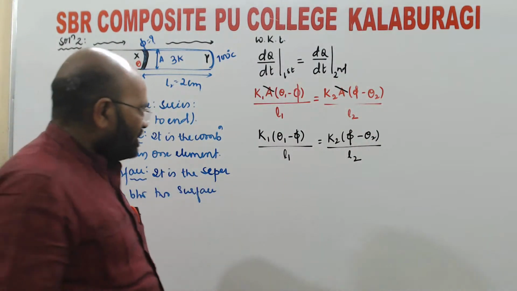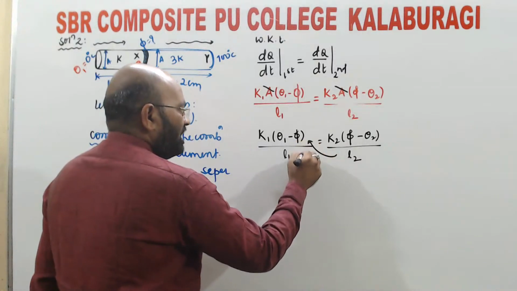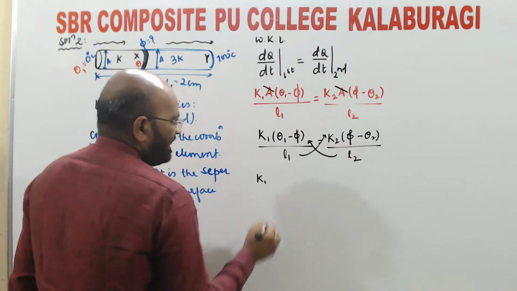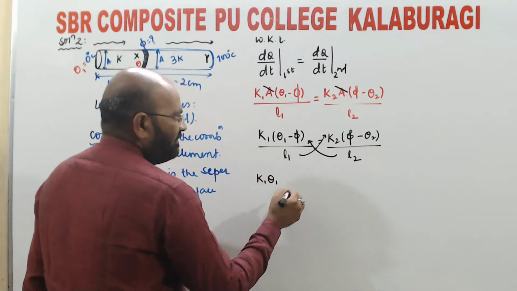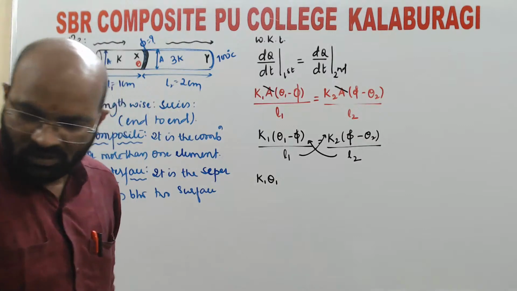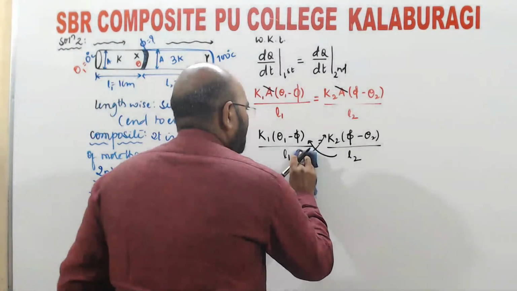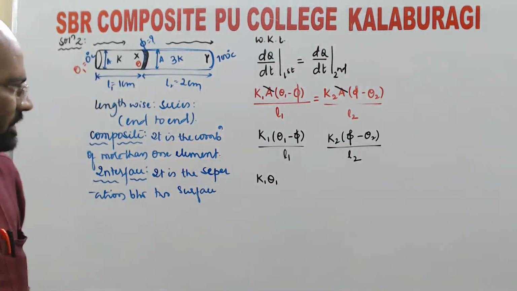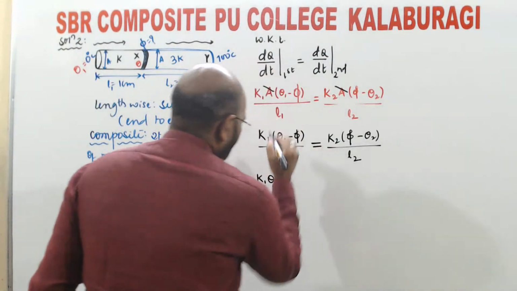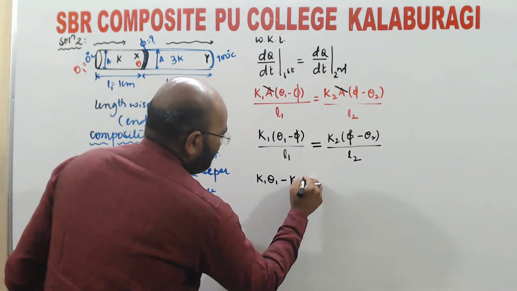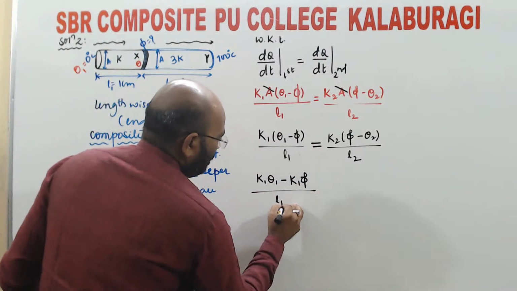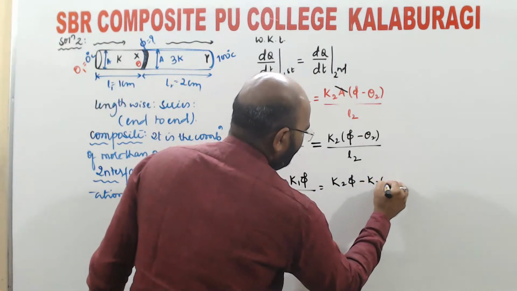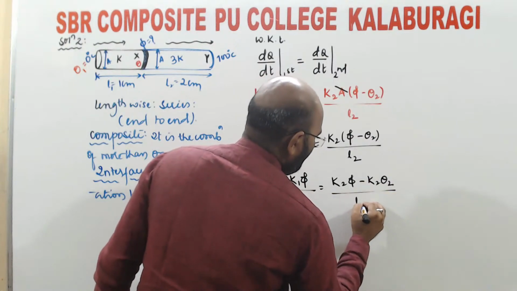By solving this condition with a cross multiply, we go one more step. K1 theta 1 minus K1 phi, whole divided by L1, equals K2 phi minus K2 theta 2, whole divided by L2.